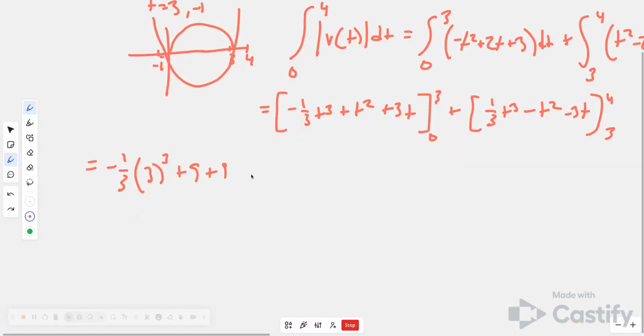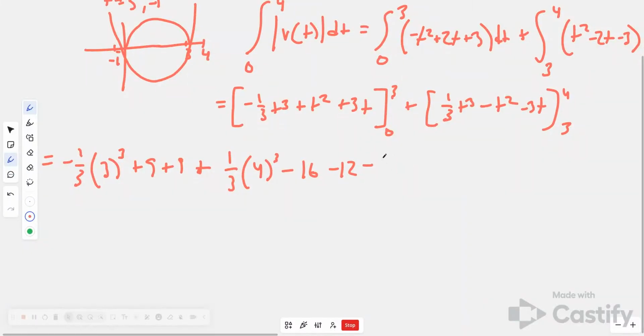And now we just move on to the next one. So this would be plus, and then 1/3 4 cubed minus 16 minus 12, and then we have to do the lower limit, so it would be minus 1/3 3 cubed minus 9 minus 9.